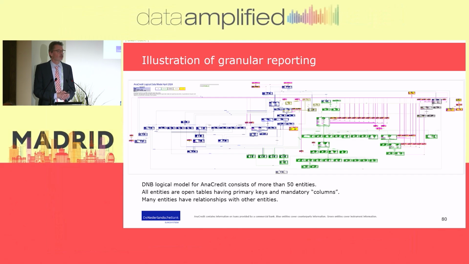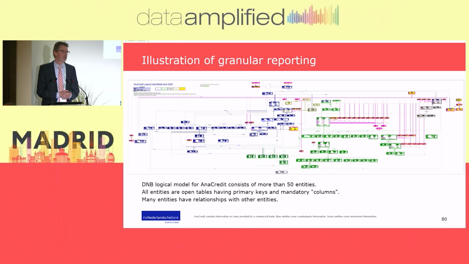What we do currently is we collect data from commercial banks, asking them to supply us with information on all the loans that they provided to their customers. This is, of course, just a graphical representation, but what I want to point out is that it consists of many tables, all of them open, all of them having mandatory columns. So if we already have a problem with one table, if we go to, let's say, 50 tables, we would have probably 50 times the problem. We would need 50 days to validate the report with the current setup.